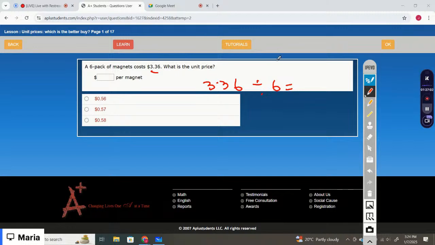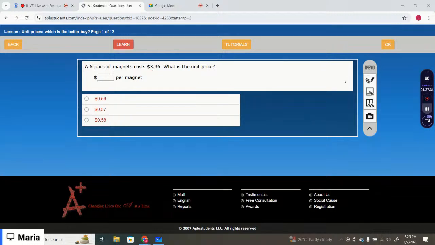So 3.36 divided by 6 is $0.56. Option number 1 is the correct option.